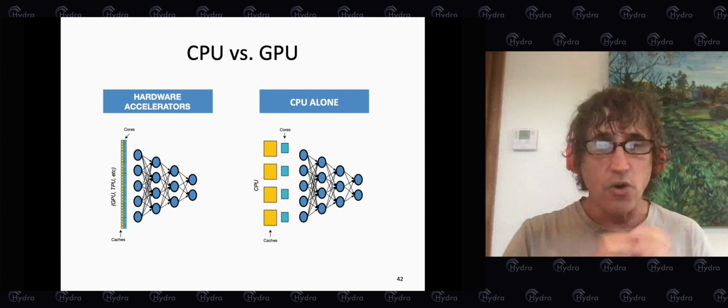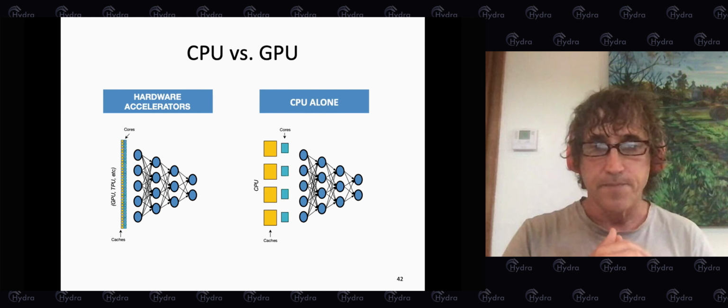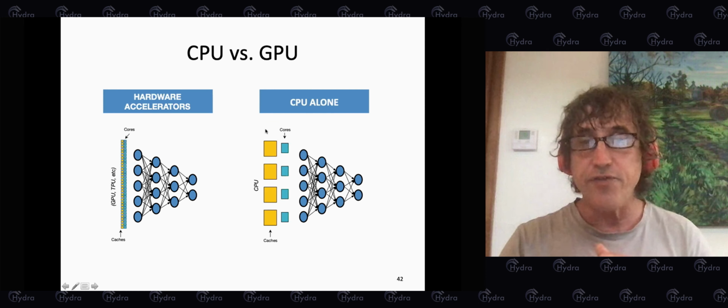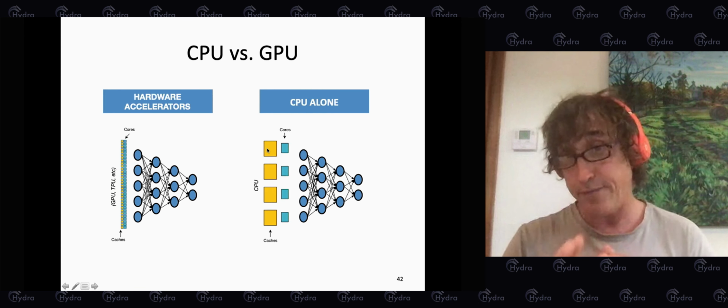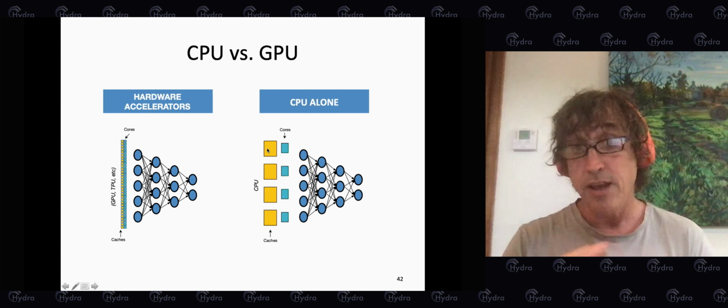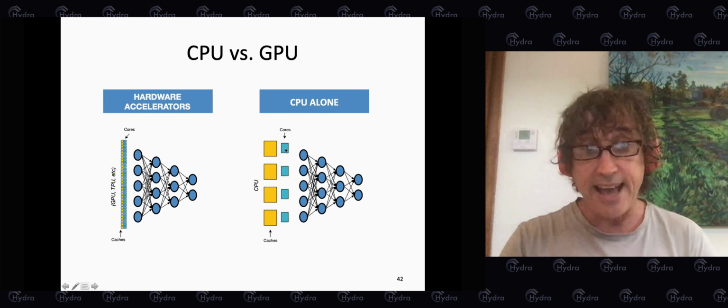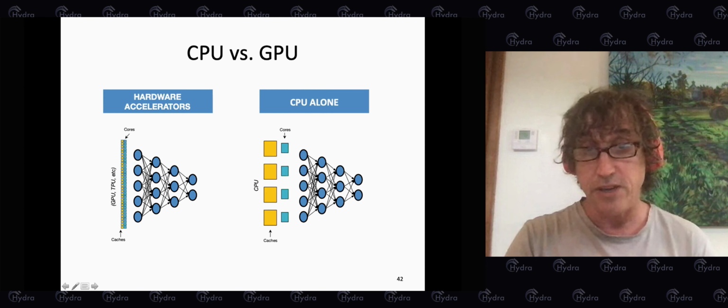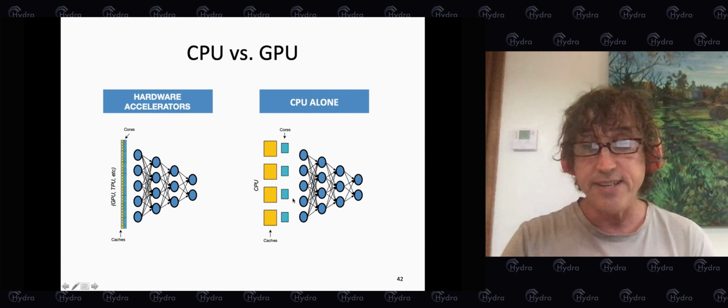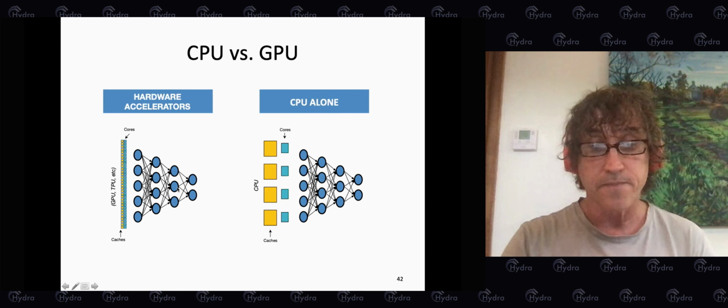So tiny cores, lots of parallelism, enormous bandwidth to memory. A CPU has few cores, powerful cores, but a few of them, not that much parallelism among the cores. It has enormous caches relative to the GPU, and it has very slow bandwidth to memory.